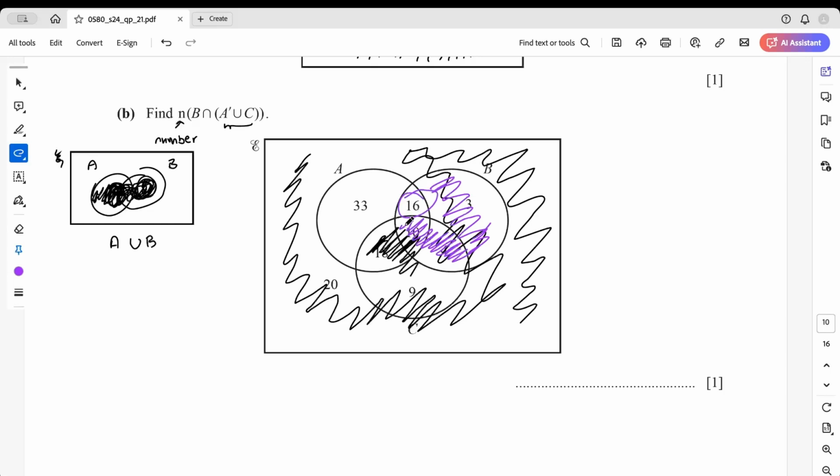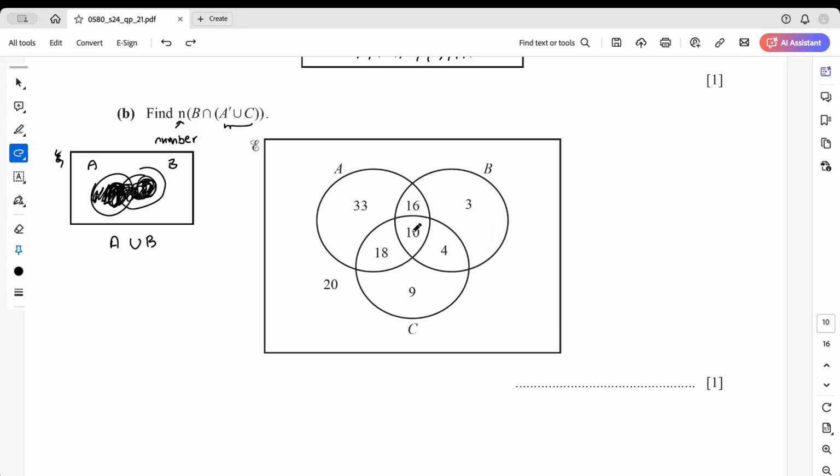This 16 is not included because I never shaded it. So now basically I have all of this. I'm only counting everything in set B except for the 16. So now if I erase all of this, I'm counting 10, 4 and 3, which together gets me 17.